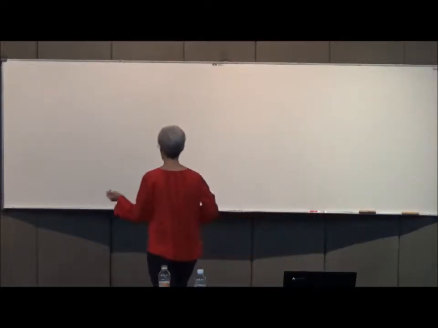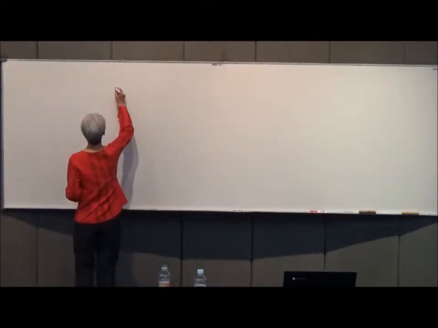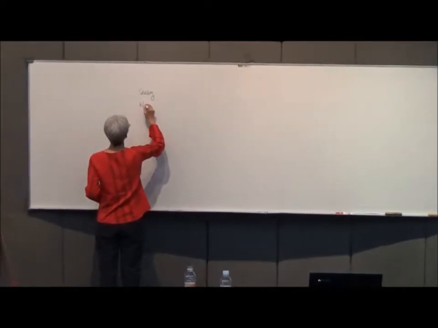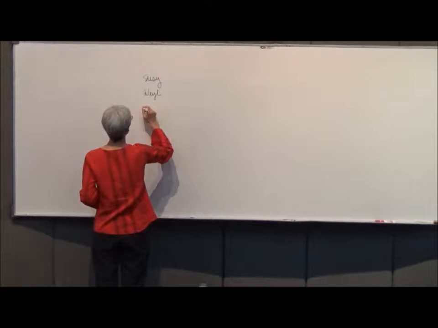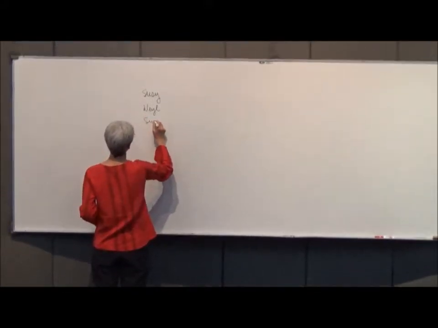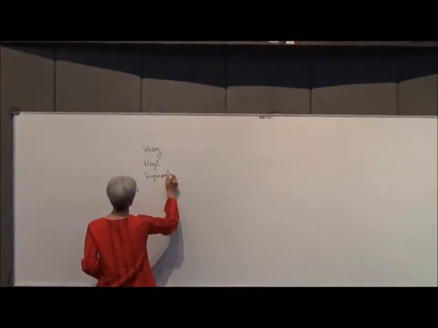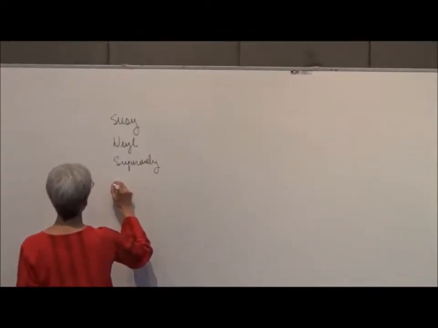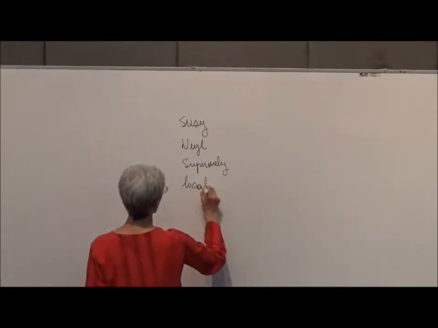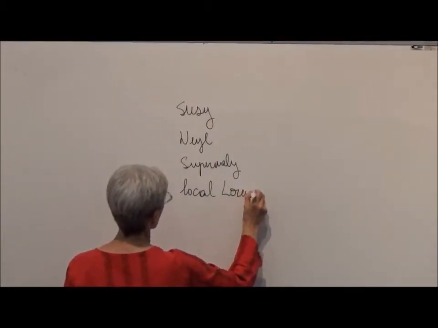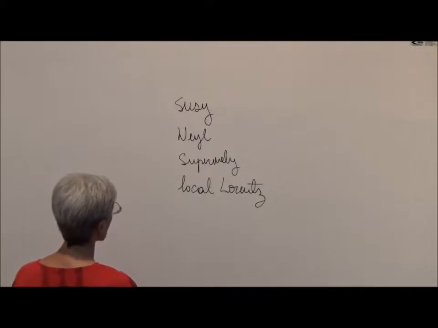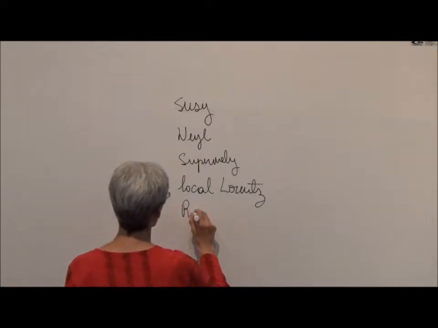So I will list here the symmetries of the action: supersymmetry, Weyl symmetry, local super-Weyl symmetry. These are the symmetries on the worldsheet. Local Lorentz symmetry. What else? Reparametrizations.